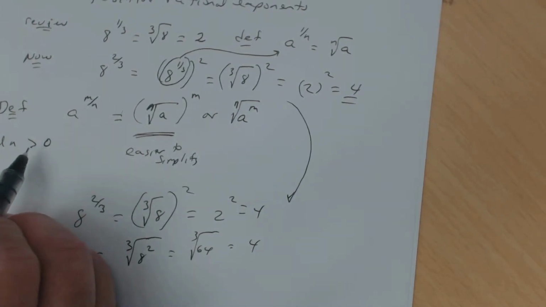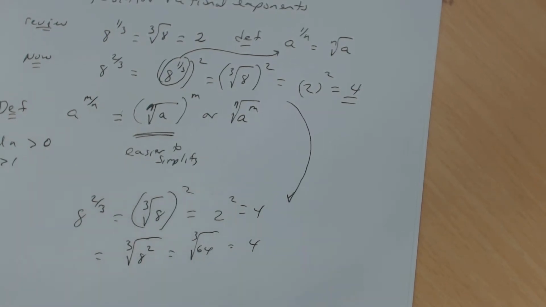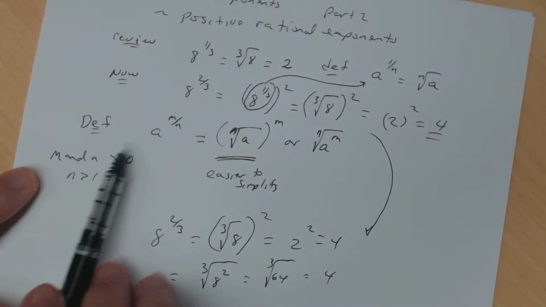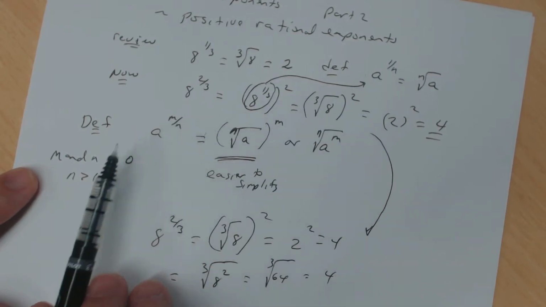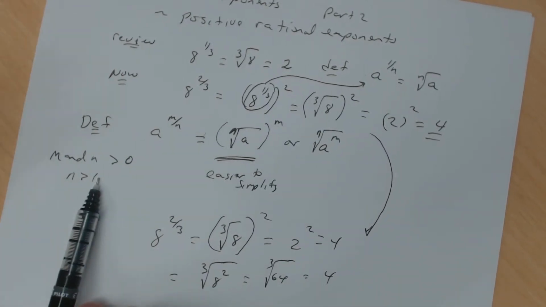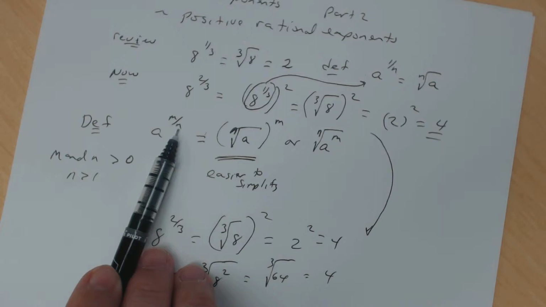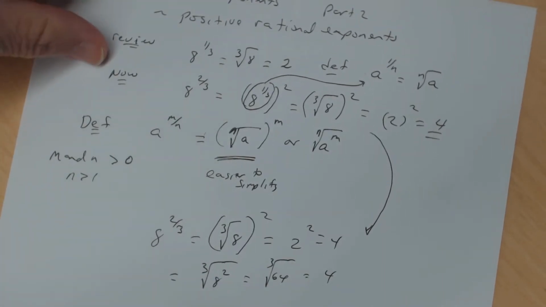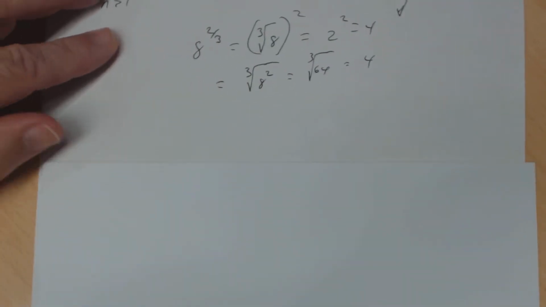Also, n must be greater than 1. If m is 1, it brings us back to this. But remember, n must be bigger than 1. This denominator must be 2, 3, 4, 5, 6, and so on. All right, so let's look at some examples.